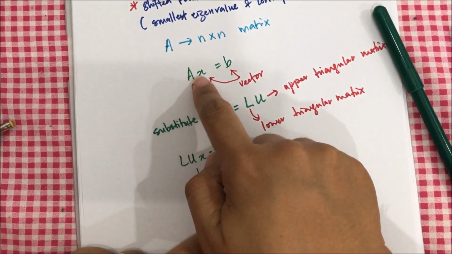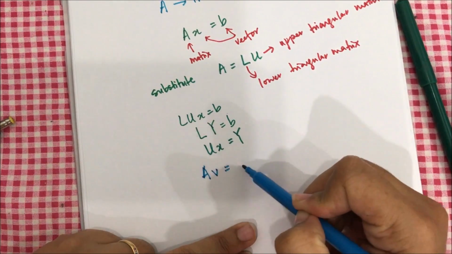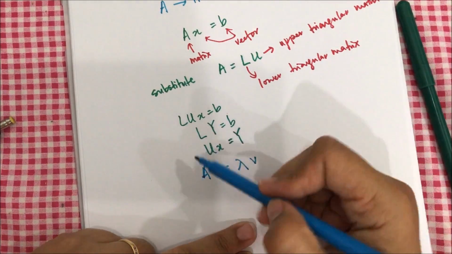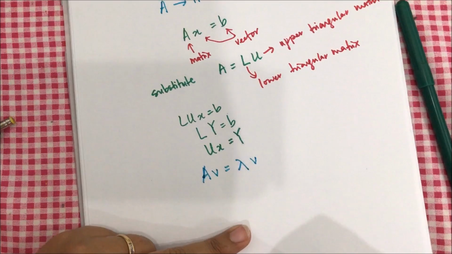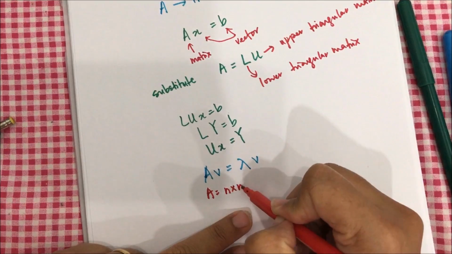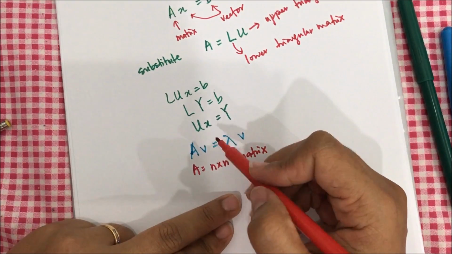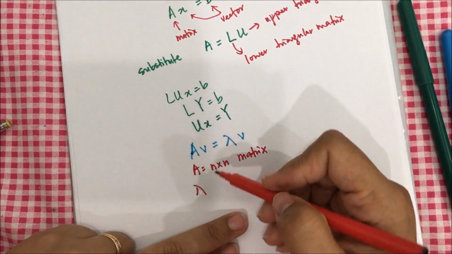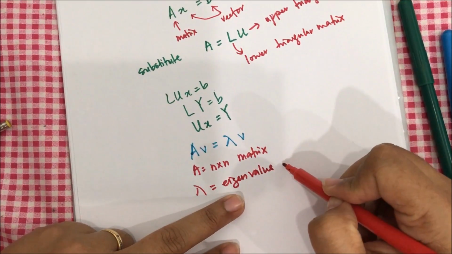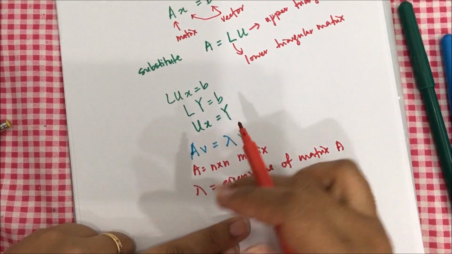From the terms Ax equal to b, it becomes Av equal to lambda v, where A is the square matrix, and lambda is actually the eigenvalue of matrix A. So this one is a scalar.